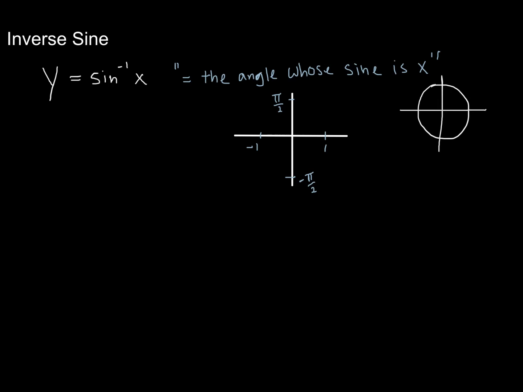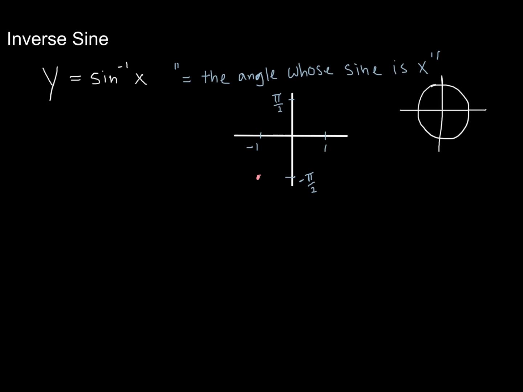Now I need to think about what the actual values of inverse sine are going to be. If you think about inputting negative 1, you'd be asking yourself, what's the angle whose sine is negative 1? That's going to be negative pi over 2, rotating negative pi over 2, so it'd be down here.